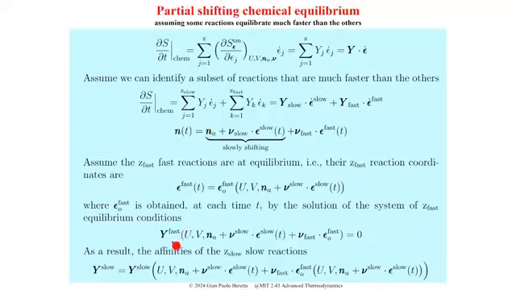So here, this says that the affinity of the fast reactions is equal to 0, which is the set of equations that you have to solve in order to compute this epsilon 0 fast. Once you find it, you put it in the analogous expression for the slow reactions, which depend on energy, volume, and the amounts.